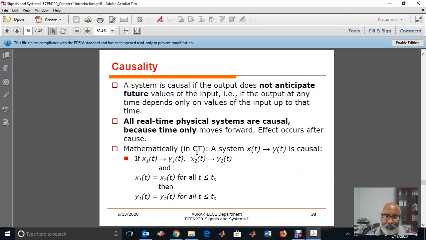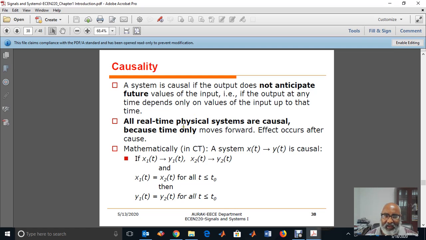All real-time physical systems are causal because time only moves forward, which means the effect occurs after the cause. So the output at time t depends on the present input and the previous inputs, which is possible in real time.